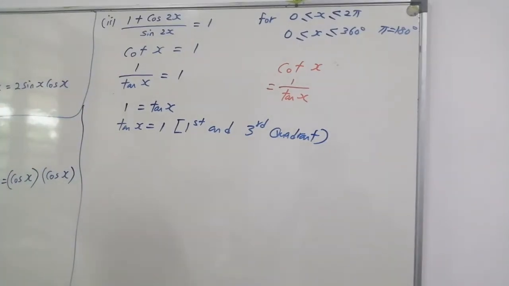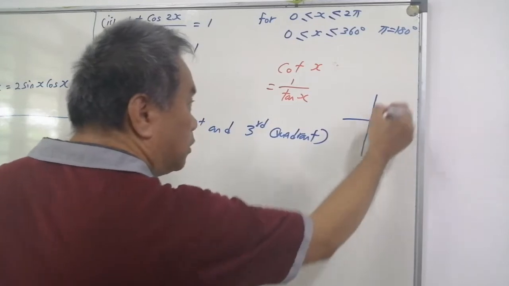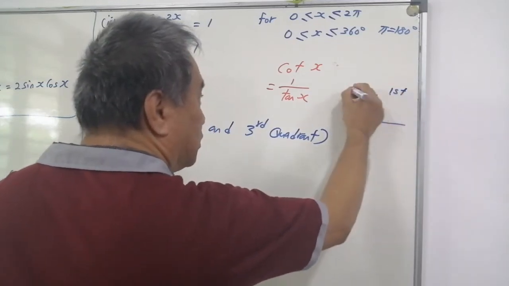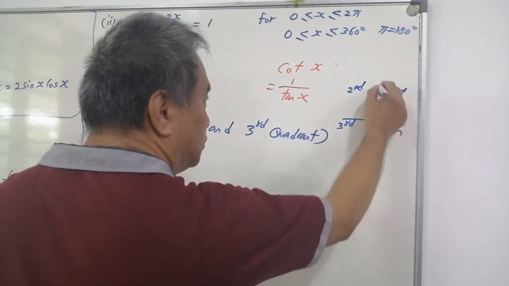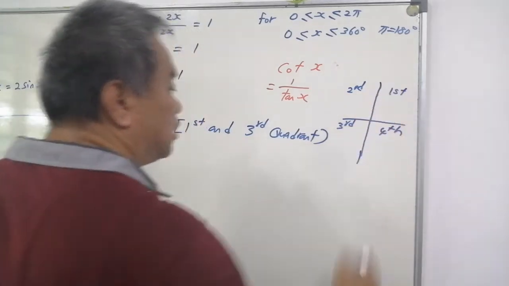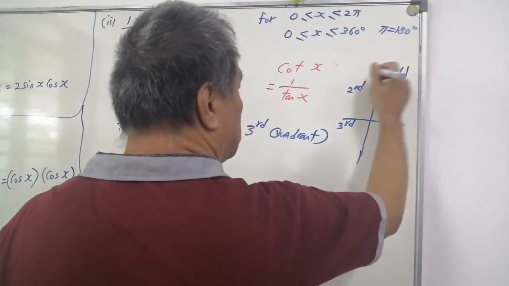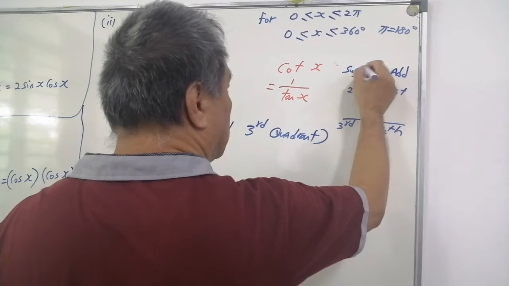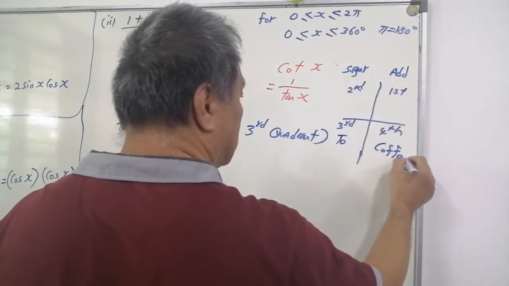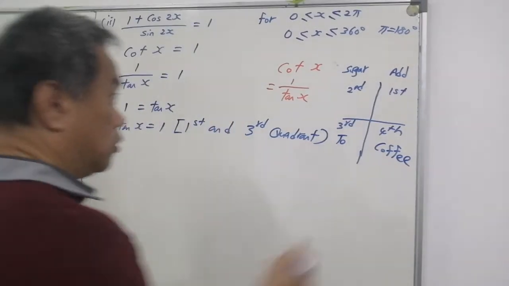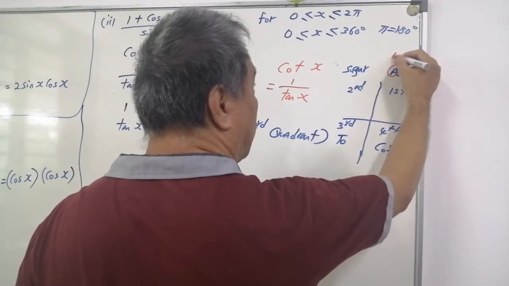Why like this? Because this one is the first quadrant, second quadrant, third quadrant, fourth quadrant. So what principle are you using? Add sugar to coffee. So A, the alphabet A, stands for all.